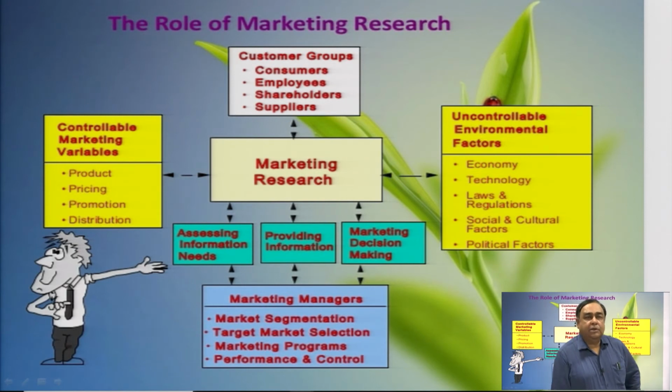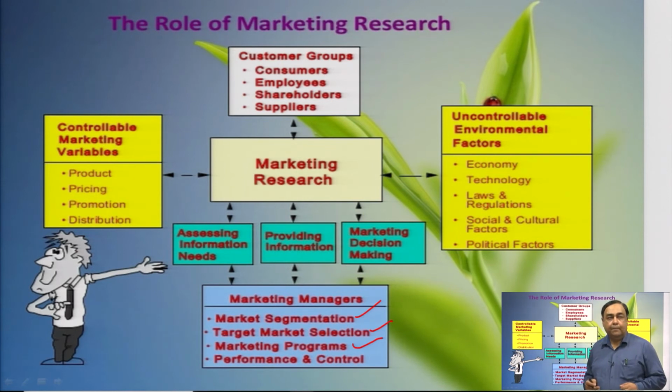So, in market research, we have a consumer group; it may be direct consumers, employees, shareholders and suppliers. Marketing managers need to mainly focus on market segmentation, target market selection, the various marketing programs which we carry out, and then see the performance and control. And there are two types of situation.